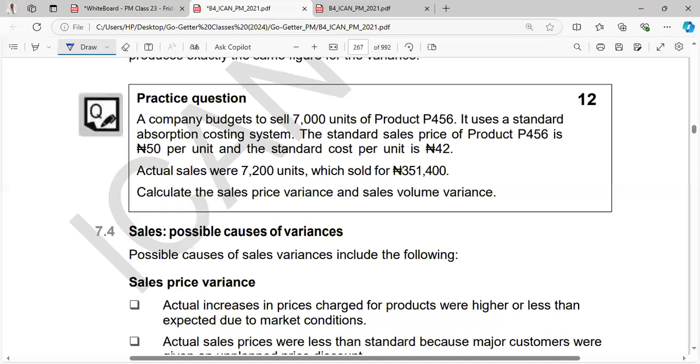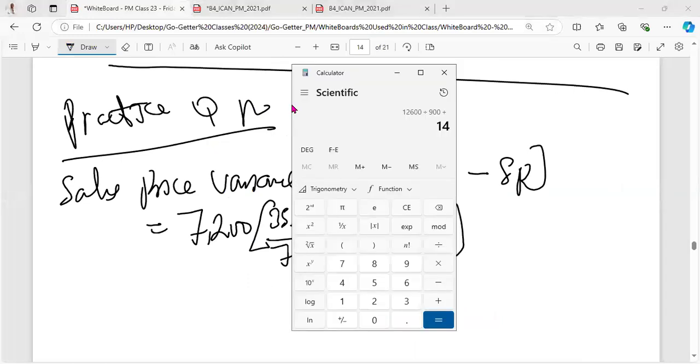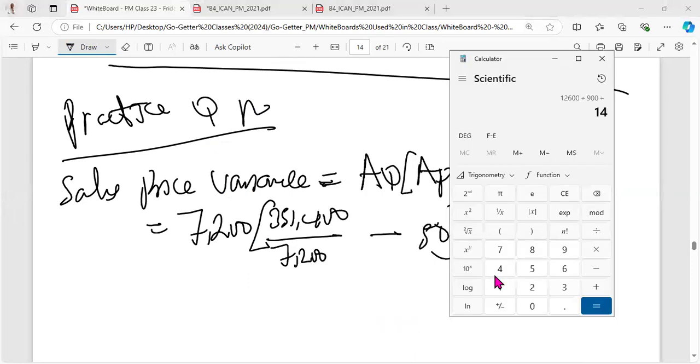So let's do something here. If I were to divide these two and I get a fraction, I will not do that. If I say 351,400 divided by 7,200, I will not even give my answer like this.